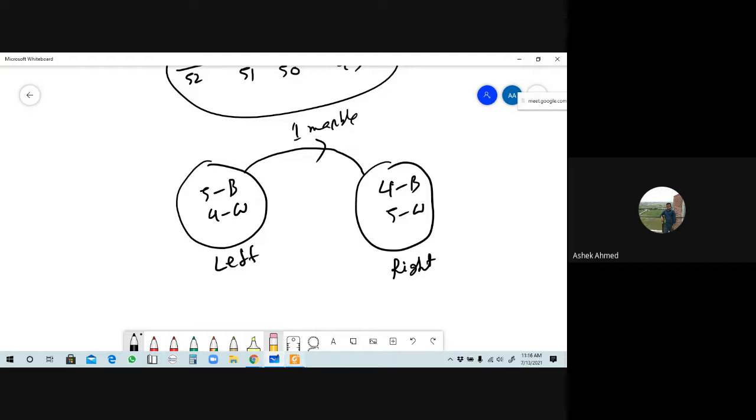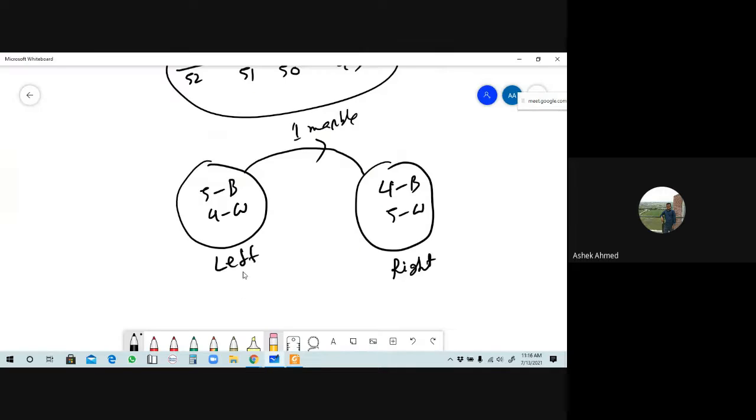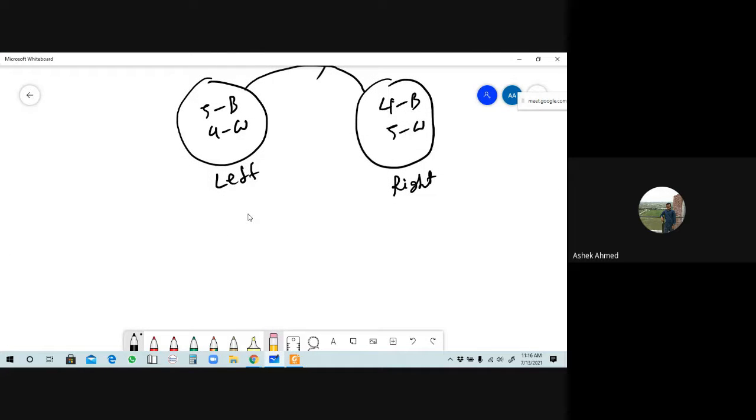Okay, after transferring a marble from left to right, you have to find out the probability of his then drawing a blue marble from his right pocket. You have to find out a blue marble from his right pocket.